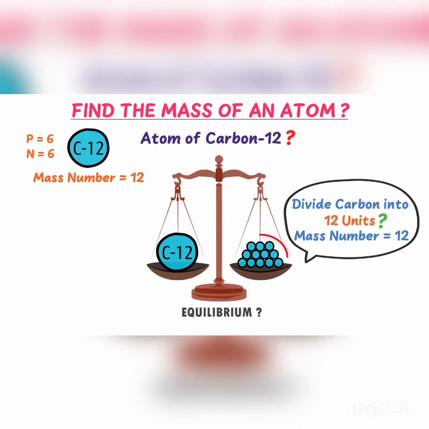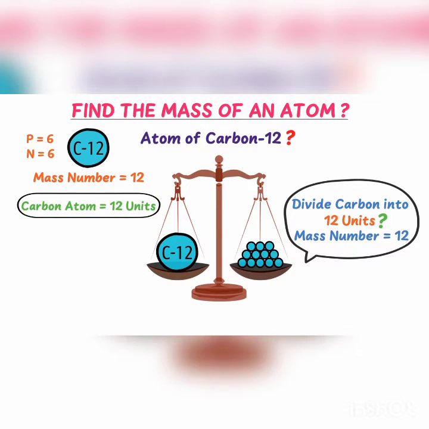The answer is yes, because all these 12 carbon units still make up the single carbon atom. How can we say that a single carbon atom is equal to 12 units? Yes, we can say there are 12 units in a single carbon atom.